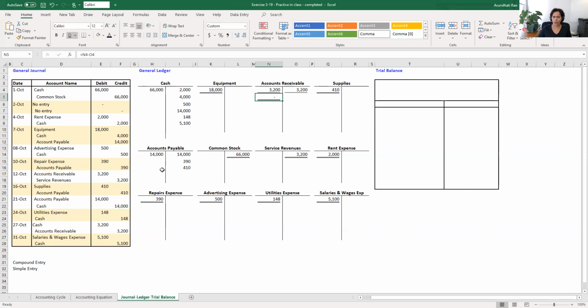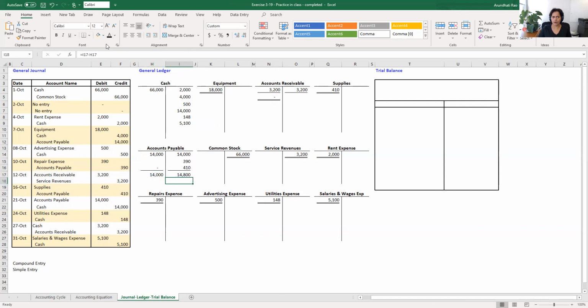Now for accounts payable and cash, there is more than one debit and one credit for each of these accounts. These accounts have had various transactions happen. So what we need to do is total both the sides. We need to add up both the sides, the debit side and the credit side, and we take the difference between the two totals.